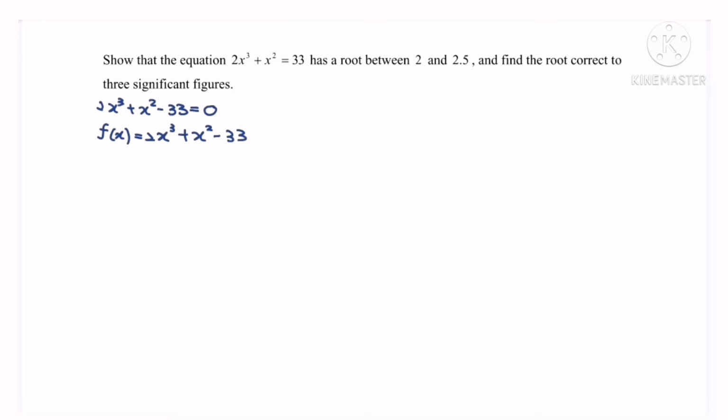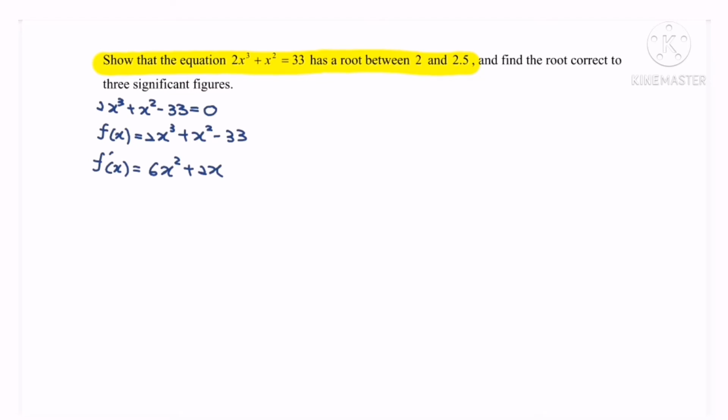Step number 2 is to find dy/dx, or the first derivative, or f prime x or y prime. So f prime x equals 6x squared plus 2x.